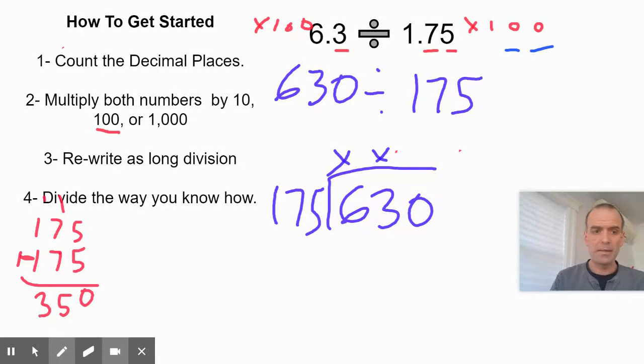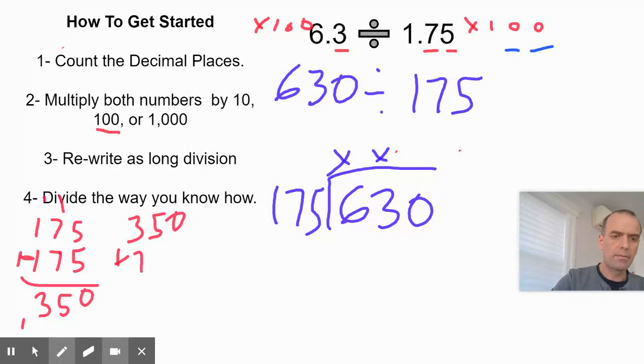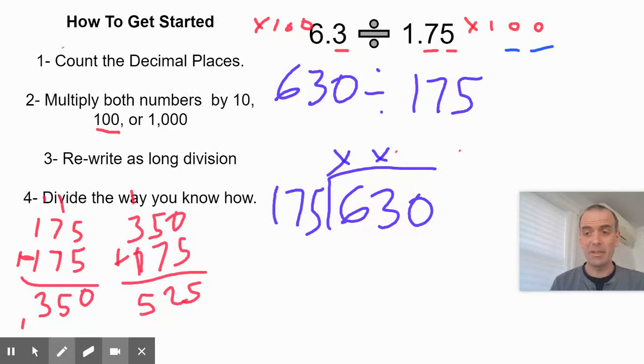Can I add another 175 to that? I think I can. So let's do 350 plus 175, which is 525. I can't add another 175 because I'd be at like 680 or 90 or something. So it goes in 1 time, 2 times, 3 times. So I put a 3 here, and 175 times 3 is 525. So I put the 525 here.